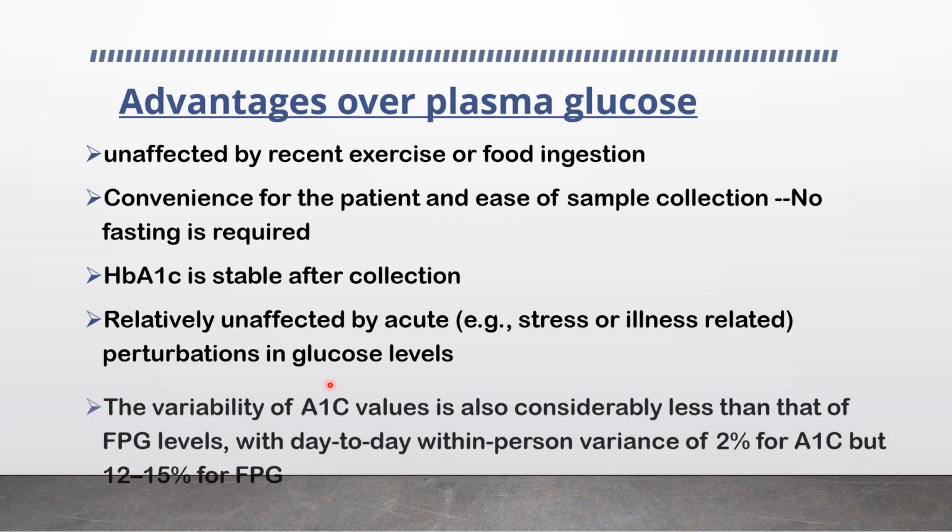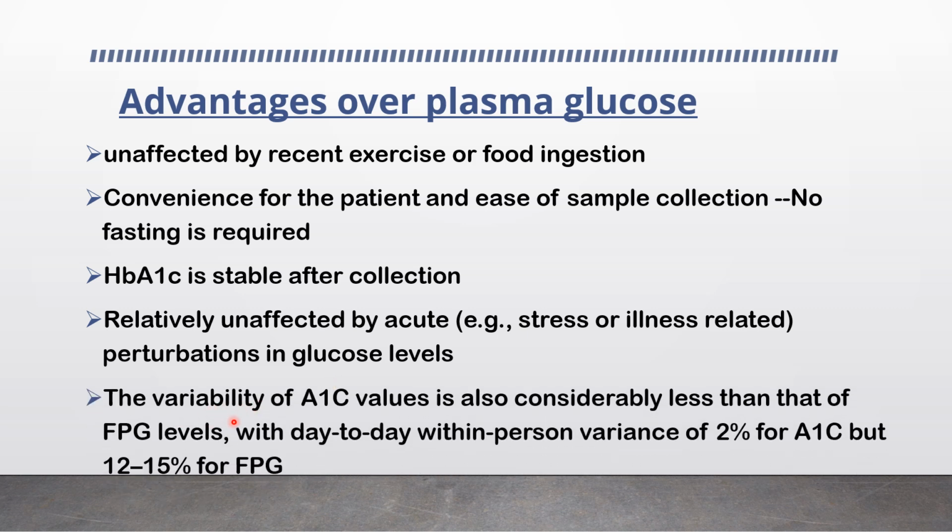And finally, it has been seen that day-to-day variation is less with A1C values than glucose levels. This variance is only 2% for A1C but around 12 to 15% for plasma glucose. So these are the advantages.